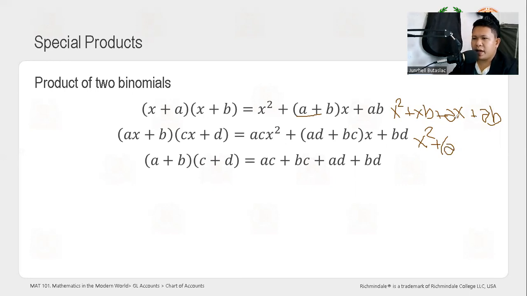AB, XB and AX cannot be added because they have different variables. So B and A cannot become ABX, right?